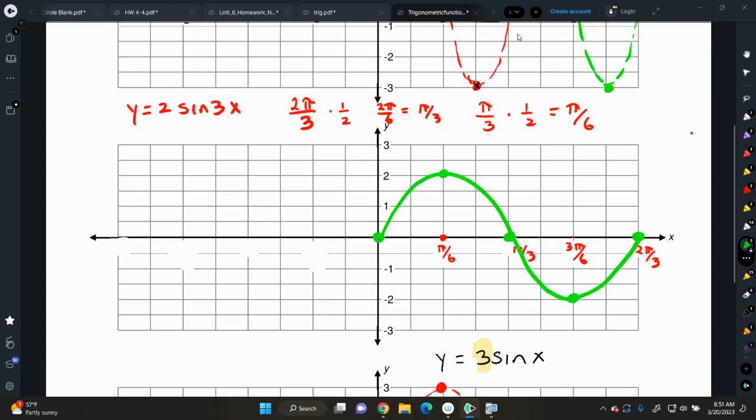Okay. I have a worksheet for you to do. So what have we done today? We looked at just a general sine curve. We looked at amplitude.